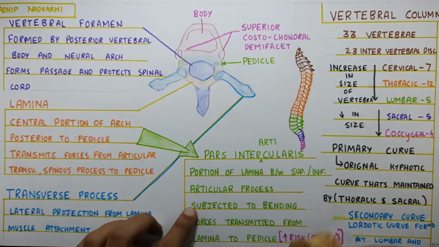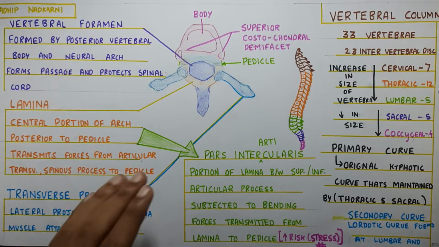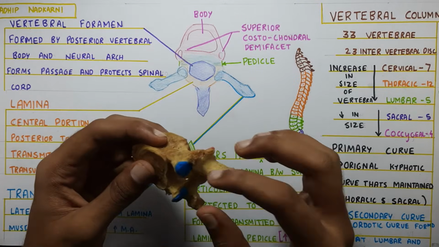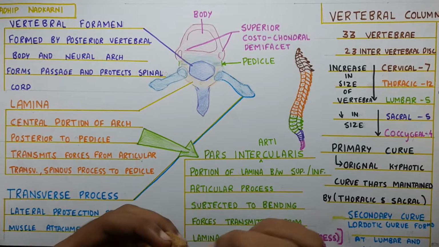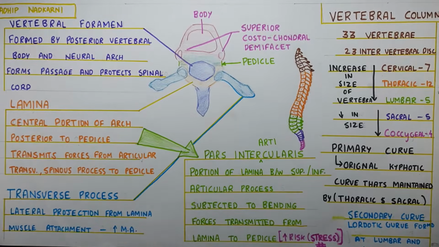This part is subjected to a lot of bending forces which are transmitted through the lamina to the pedicle, and it has a high risk of stress fracture. This is a very important point, that they are very prone to stress fractures.